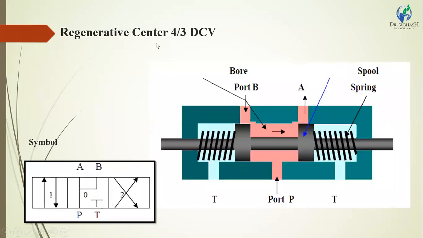The next is the regenerative center. In the hydraulic symbol of the regenerative center, there is a mention that the oil passes in both directions, or to both ports.